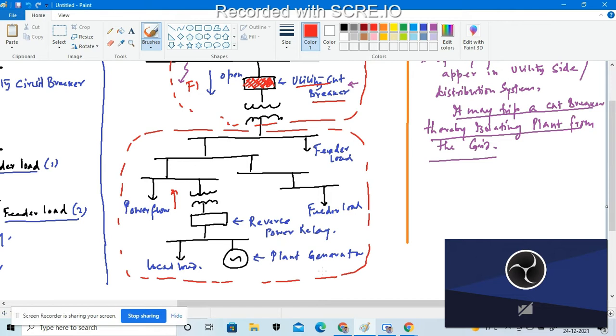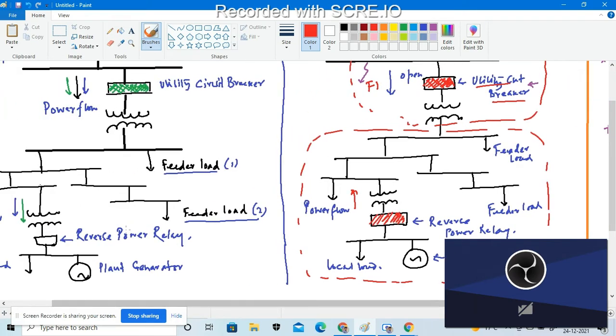That is actually the main objective of this reverse power relay. Now, what will be the function of this reverse power relay, which is connected in the plant generating sites?